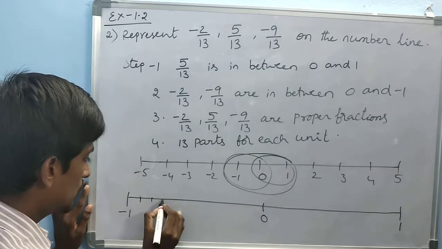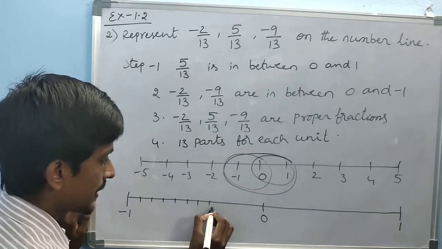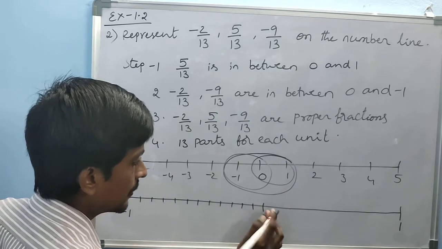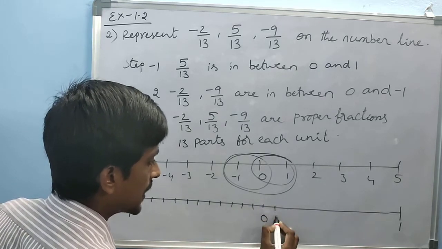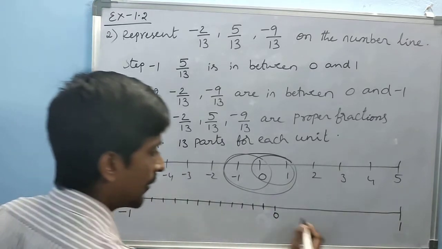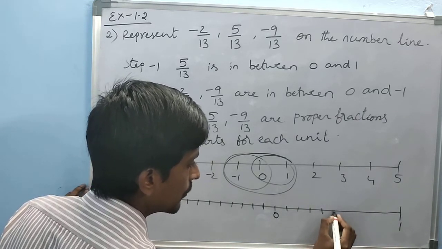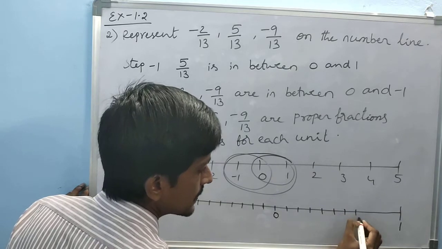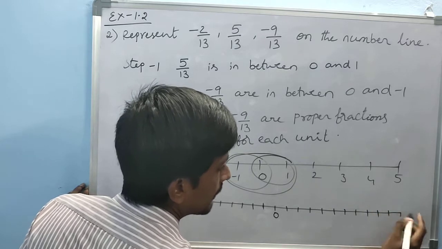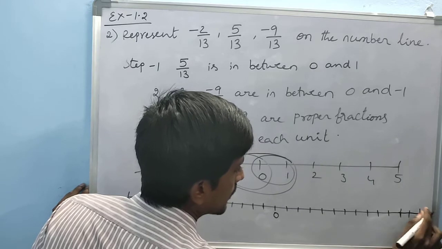1, 2, 3, 4, 5, 6, 7, 8, 9, 10, 11, 12, 13. This is the 0. 13 parts. After that, 1, 2, 3, 4, 5, 6, 7, 8, 9, 10, 11, 12, 13.